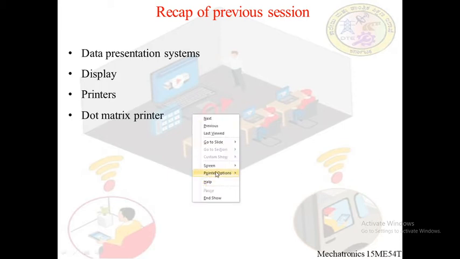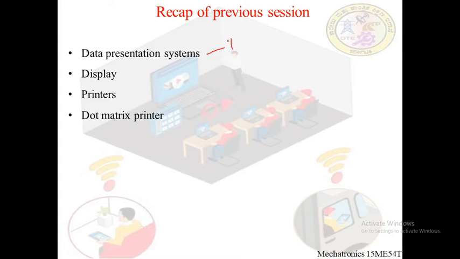The indicator types just display the output in the form of a light signal or using displays, etc. For that we saw LED displays and LCD displays also, and VDU forms one form of the display unit.